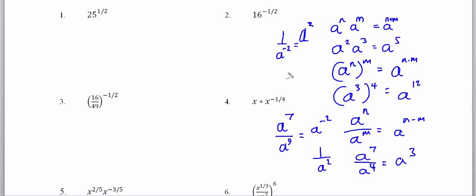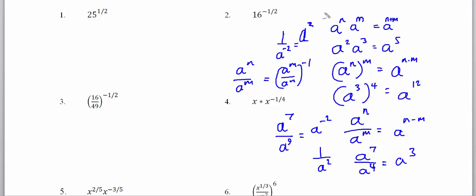Now, another rule from a previous chapter dealing with exponents: if you had a fraction, like a to the m over a to the n raised to the negative 1 power, that would flip the fraction on its head, a to the n over a to the m.